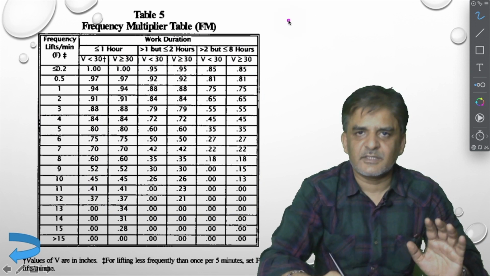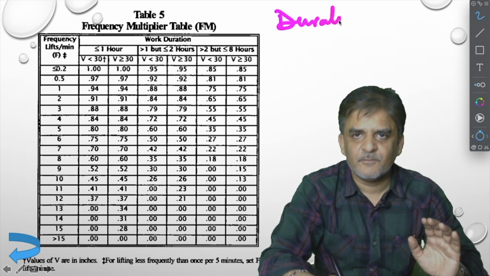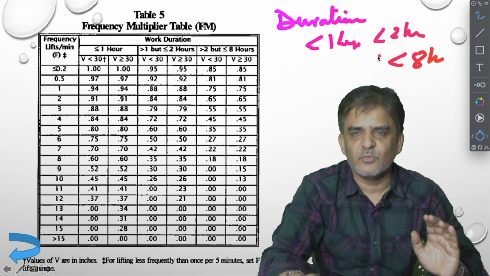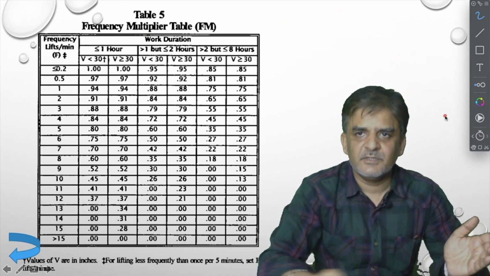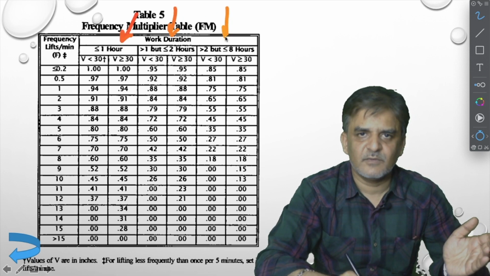There are three things: duration, either it is less than 1 hour, less than 2 hours and more than 1 hour, or less than 8 hours and more than 2 hours. So now there are three tables for this. One is this, one is this, one is this.